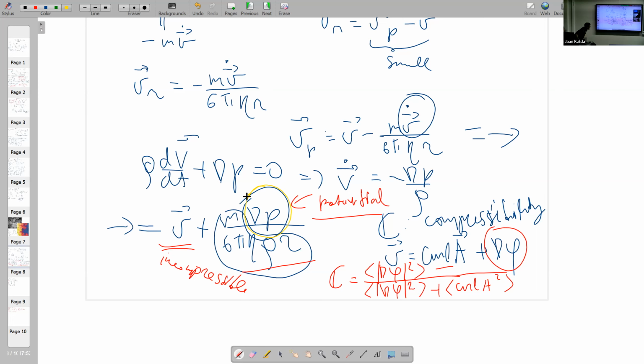Because actually, in the extreme case, if you take the case when you don't have an incompressible part and you have only a potential part, then you would also be able to describe this in terms of potential energy indeed. So let me see.